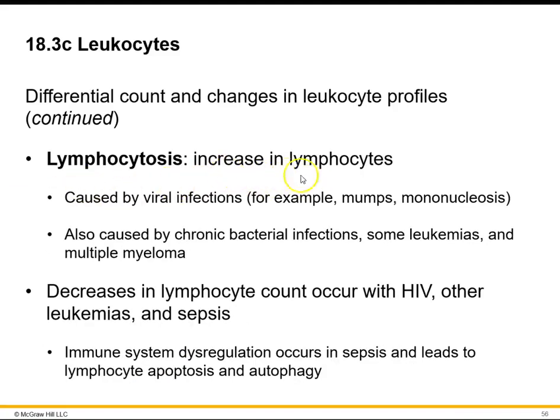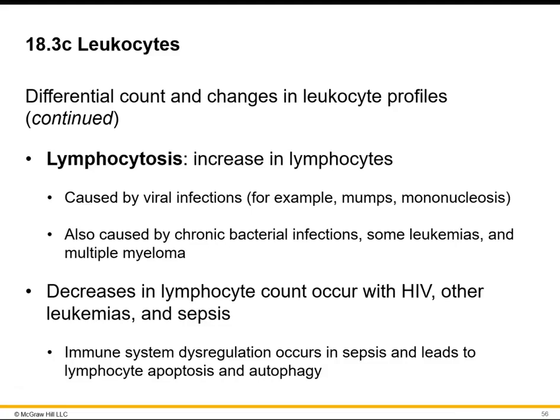Lymphocytosis, this is going to be an increase in lymphocytes. It's going to be caused by infections, particularly viral infections, but also some chronic bacterial infections. And unfortunately, you see it in some leukemias as well as multiple myeloma. Okay, what can cause decreases in lymphocytes? Well, bad things. HIV, leukemia, and sepsis. HIV, one of the cells that it targets is your helper T cells in particular.